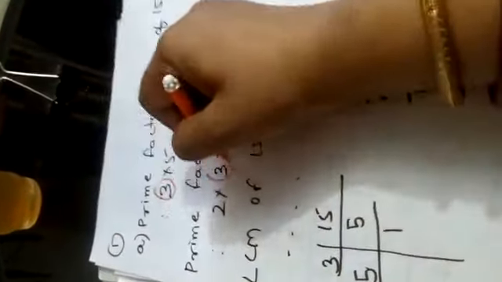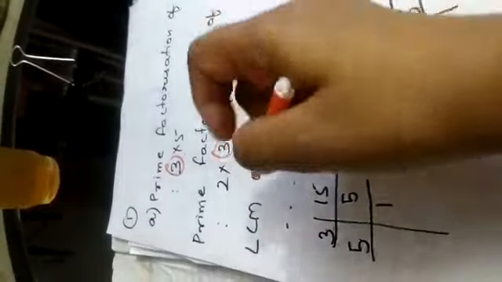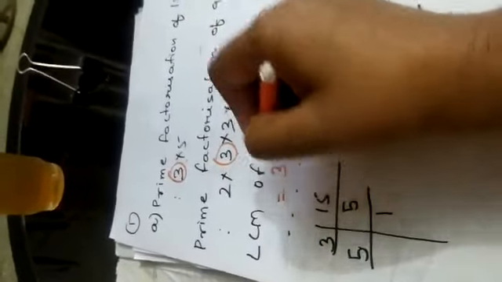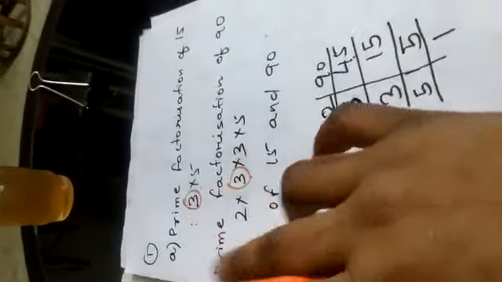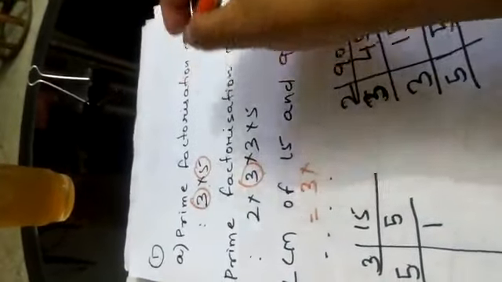Now we have to find out LCM. So for LCM, firstly we have to find out the common factors. 3 appears in 15, 3 also appears in 90. So we will take 3 as common. Take out one 3 out of the two. Now here you see 5 also appears in 15 and also 5 appears in 90.